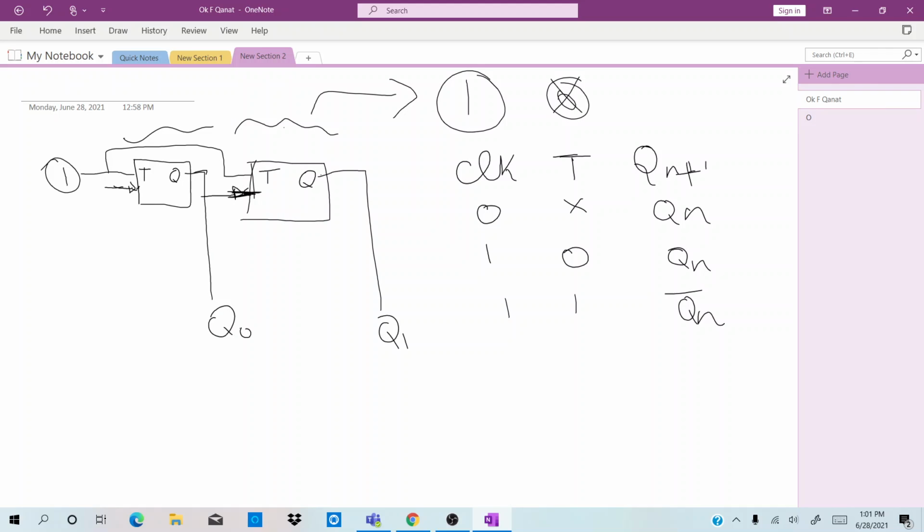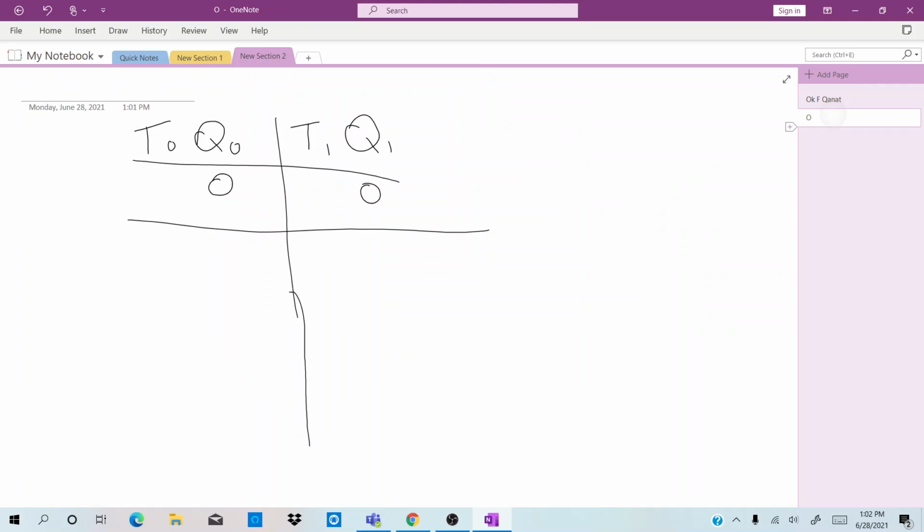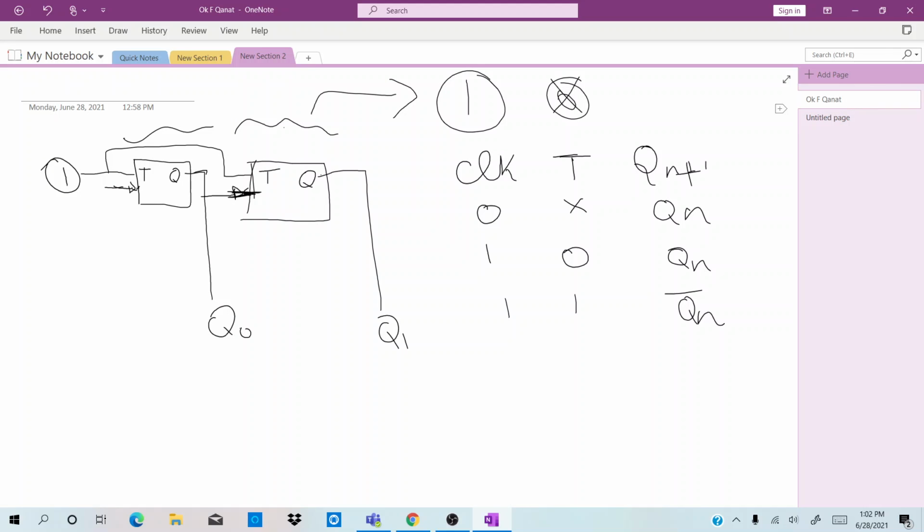So we assume the clock is positive. T is given 1. So by the truth table, if T is 1, then Qn plus 1 is Q bar.